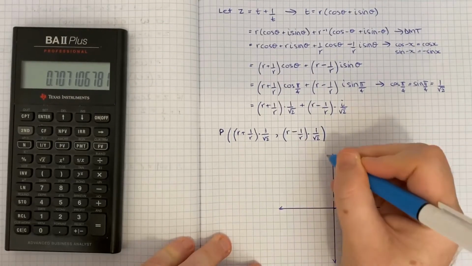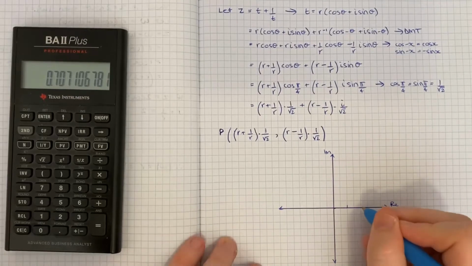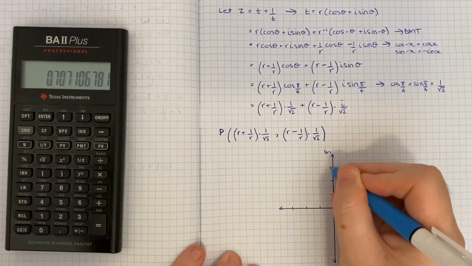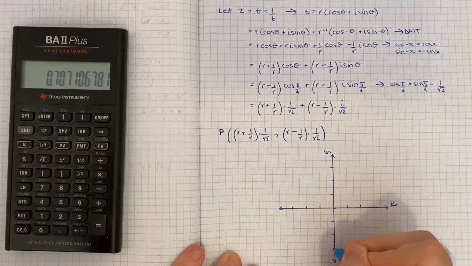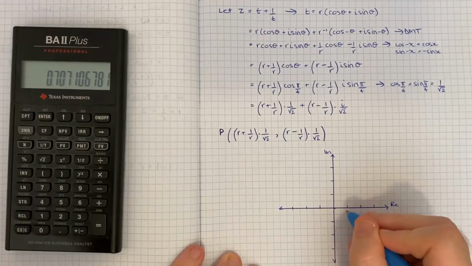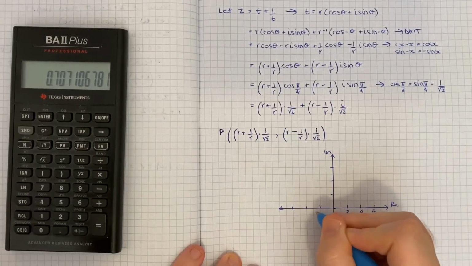So we'll go real, imaginary, and I'll just say each, here we'll go 2, 4, 6.